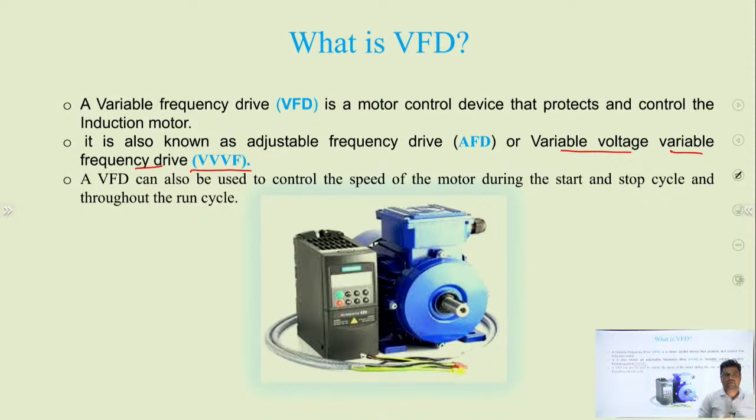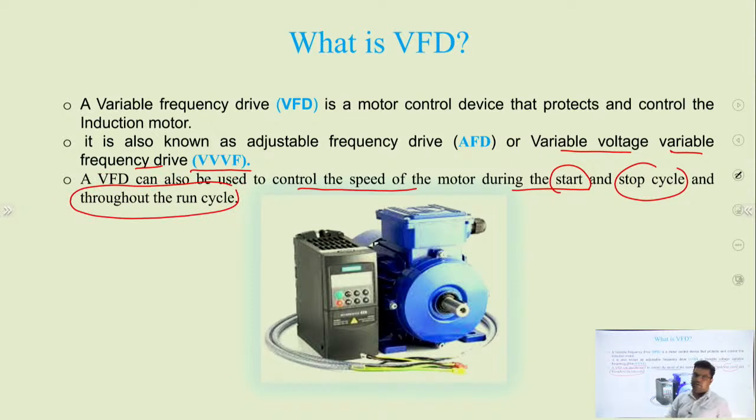But the special feature of a VFD or VVVF drive is that it can control the speed of the motor during the start time, during the stop time, and throughout the complete run cycle. So the overall control can be done smoothly and over a wide range when we use a VFD device. This is the circuit diagram of the VFD circuit, that is of the Sinamics circuit.